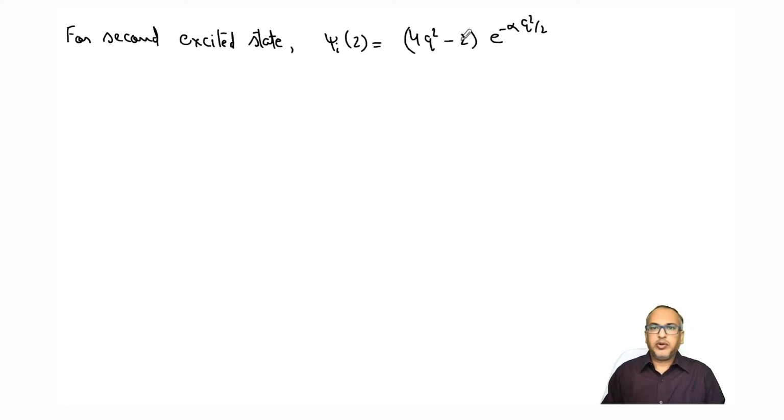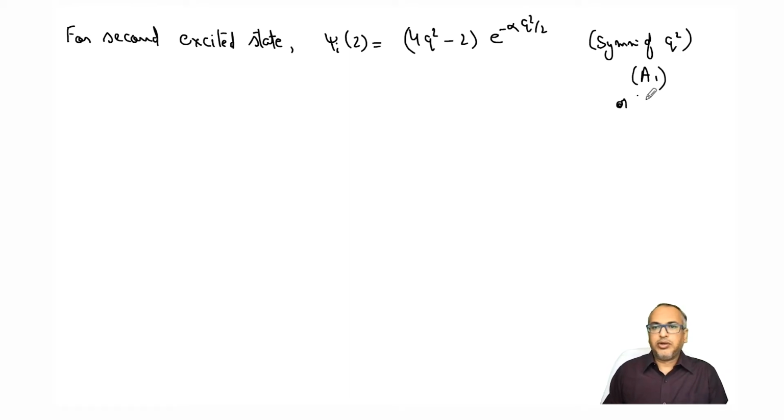Now this means the symmetry is that of q square. The symmetry of q square is the totally symmetric representation. So for the second excited state, the symmetry becomes totally symmetric representation, that is A1.